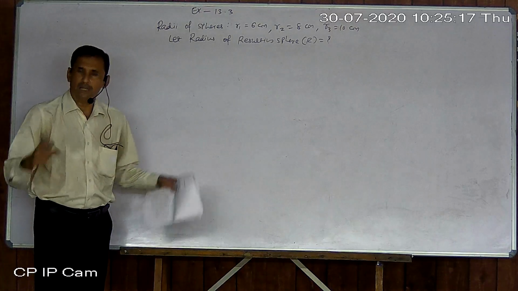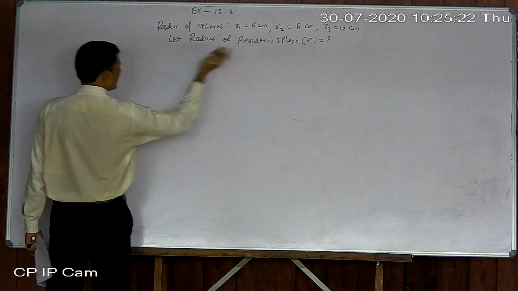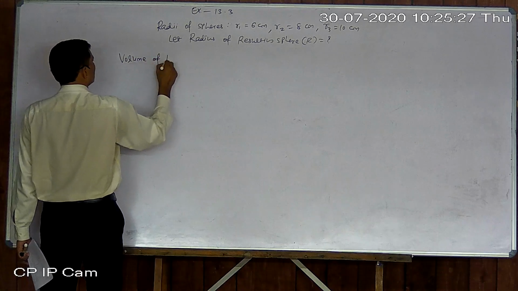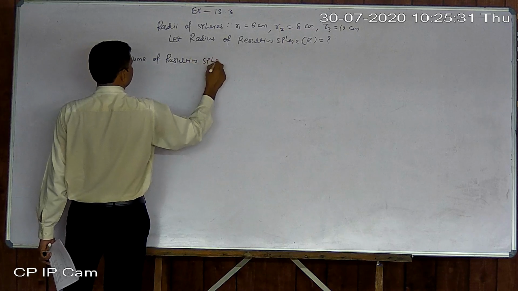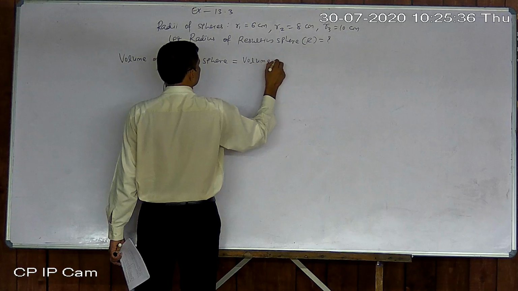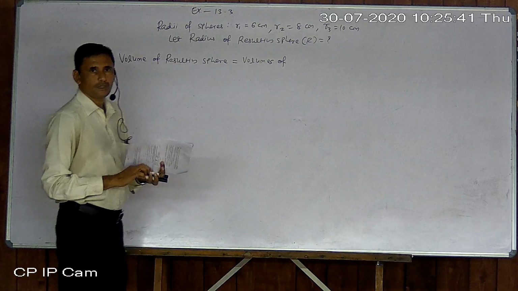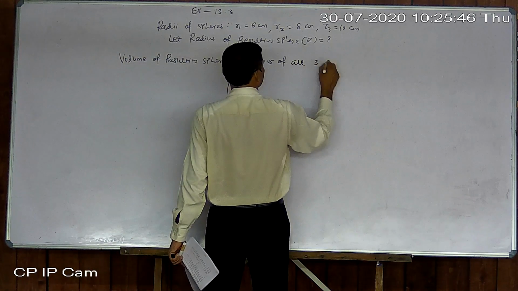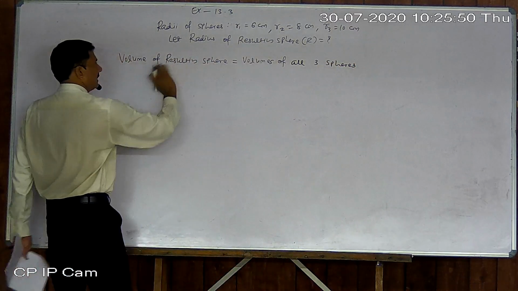3 are combined, melted to form a resulting bigger sphere. So write down accordingly only. So the volume of the resulting sphere, meaning the bigger sphere, is equal to the volumes of all three spheres. Okay, you can compare anyway, left, right, right, left.